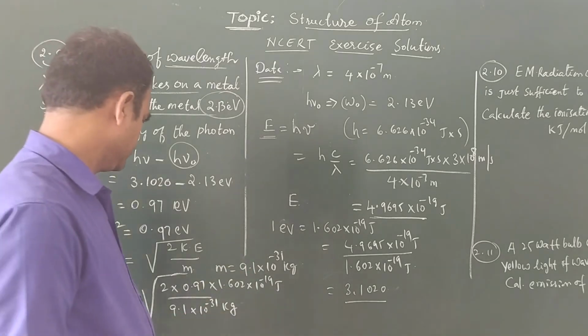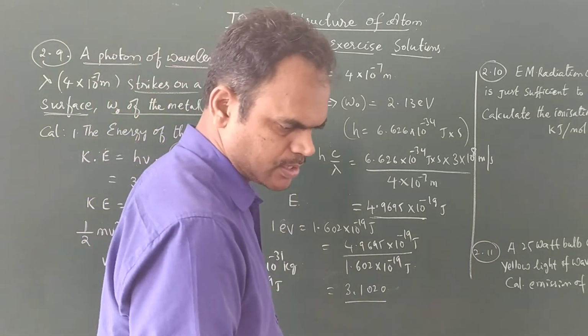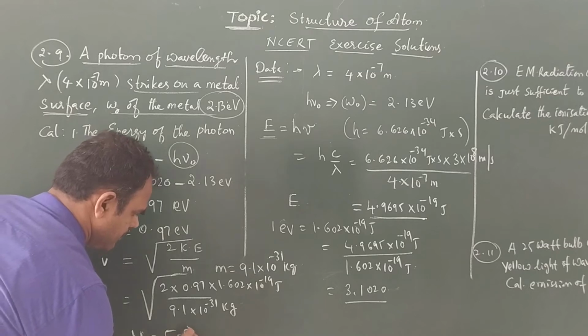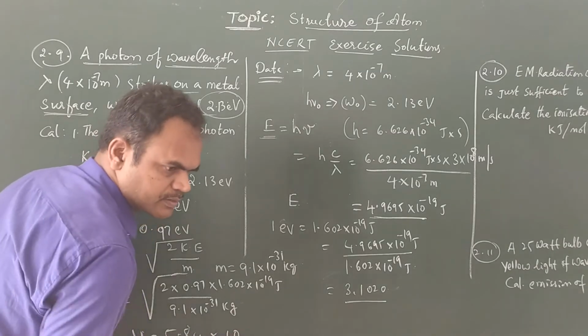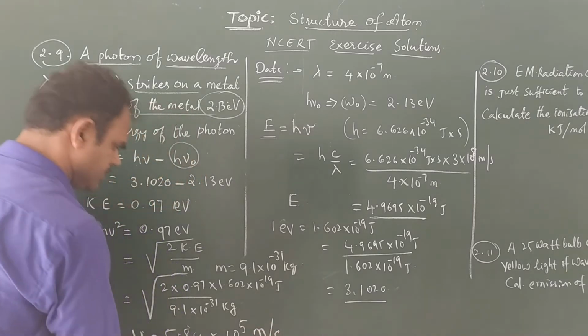So how much will you get for the velocity of the electron? The velocity of the electron equals 5.84 into 10 to the power of 5 meter per second. You will be getting the answer, velocity.